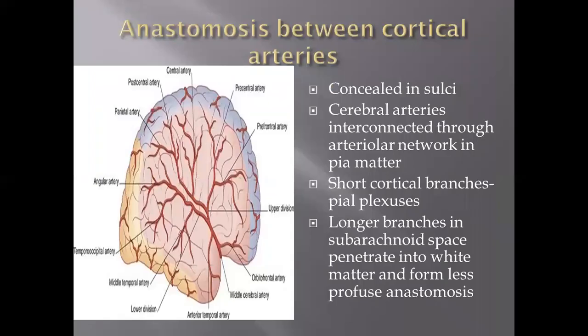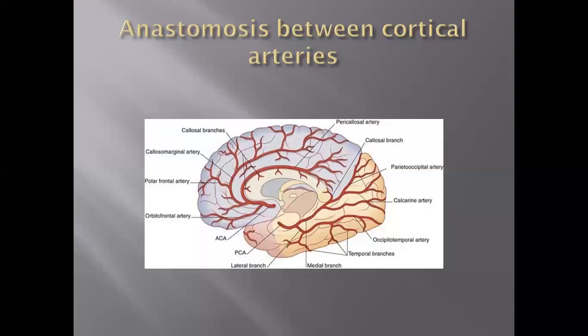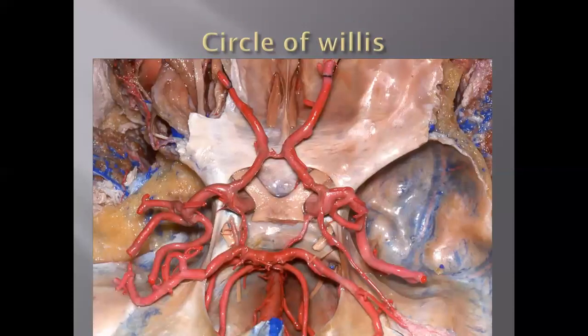Then I've talked about the anastomosis, and this is now the circle of Willis. So the circle of Willis, it's an anastomosis between branches of the carotid and those that are coming from the vertebral.